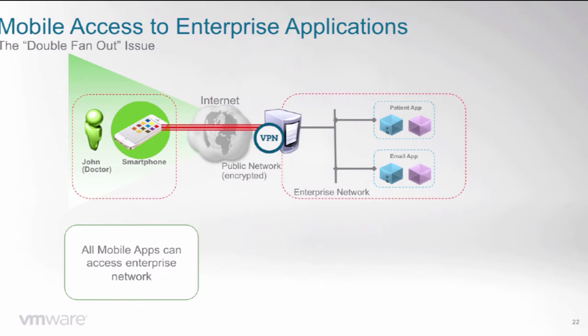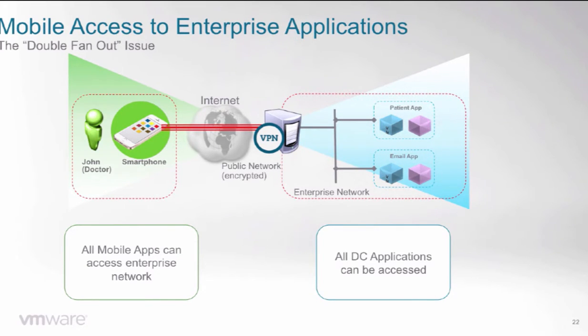And this really causes two issues. The first issue is that when logged into VPN, John's device has access across a broad set of servers and applications within the data center. The second issue is that when logged into VPN, John's use of personal applications are also traversing the corporate network. So it's causing network congestion and security risk points all over the place.